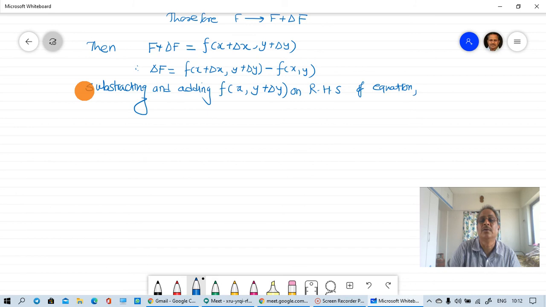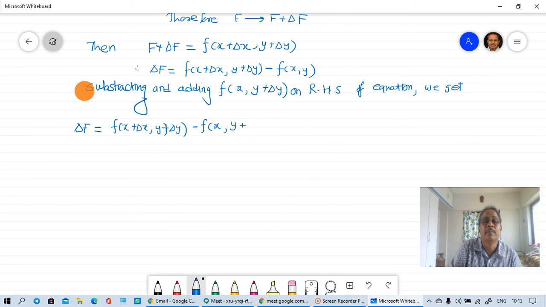Let's see what we get. This delta f can be written as f of x plus delta x and y plus delta y, this is the first bracket, minus f of x and y plus delta y, plus f of x and y plus delta y.